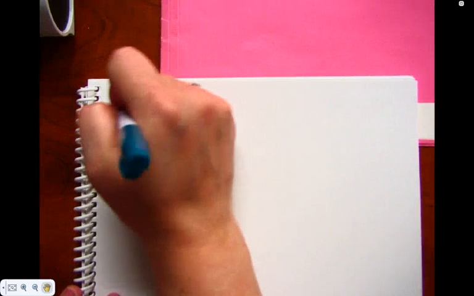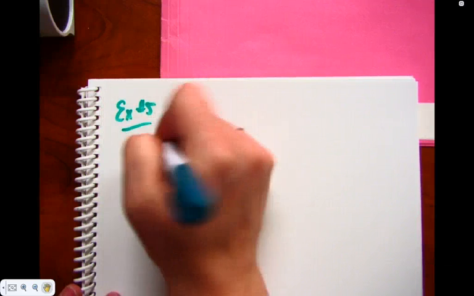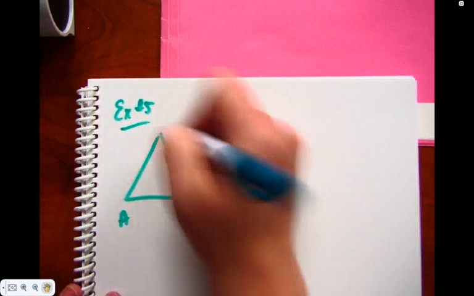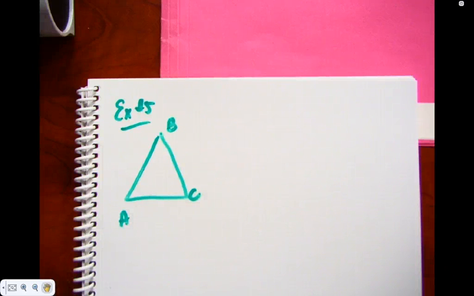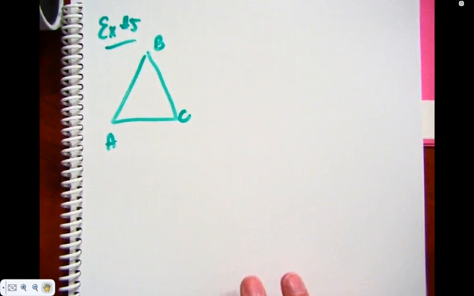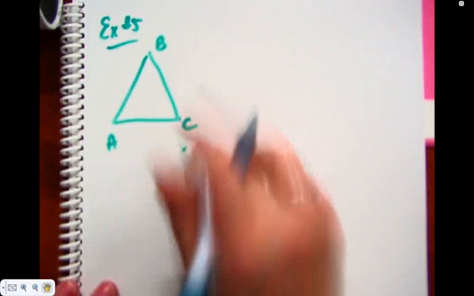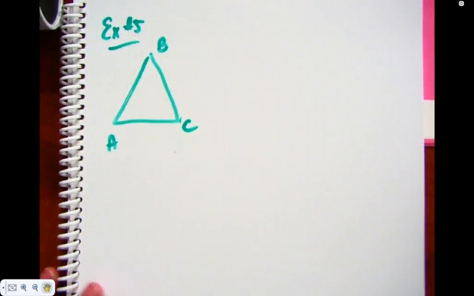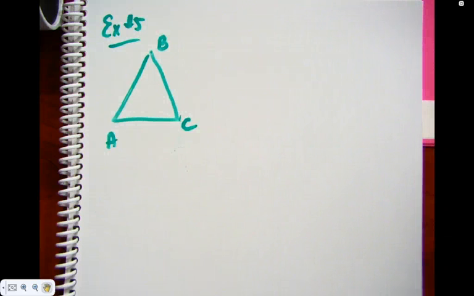Number 5. Okay, tell me what to label. Or don't tell me what to label. And describe to me where side A is.